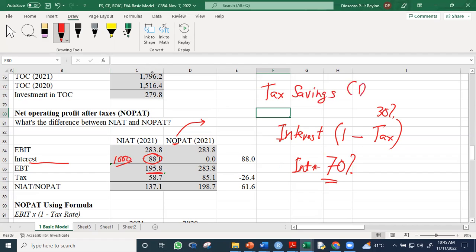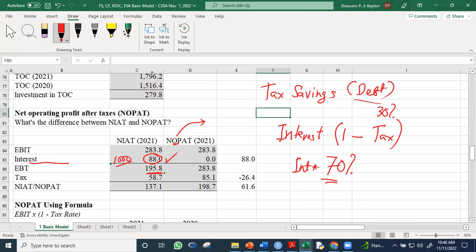If we use debt, we have interest expense, and the interest expense will lower your taxable base. If we did not use debt, then the taxable base would be 283.8, and then we'll have a higher tax. Okay? So there's tax savings in using debt.